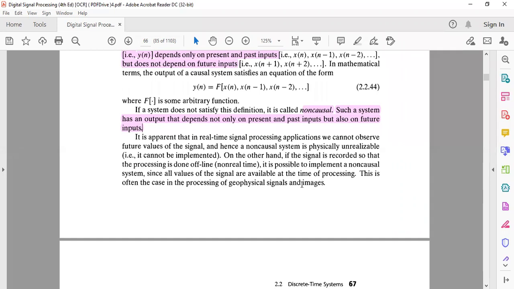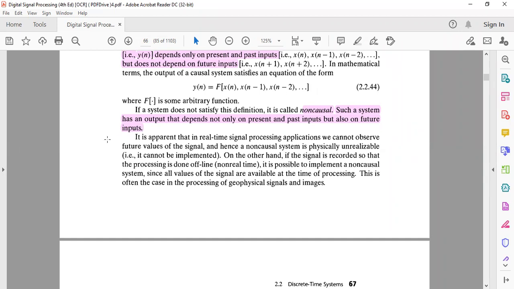For example, if I started to tell my story about where I was this weekend, it would be difficult for you to know where the story is going. But if I have written the story down and I'm reading it for you, you can actually see where I'm going in future. That's the thing about causal and non-causal.